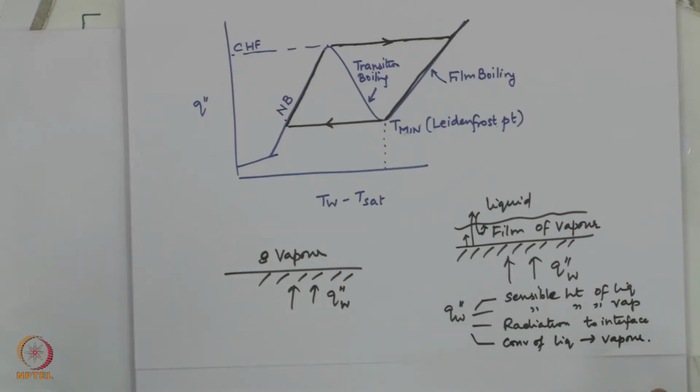It is a poor heat transfer mechanism, you do not like it, we should not have any device, any equipment work in film boiling mode, because your wall temperatures are going to remain high for an extended period of time. That is not good from the point of view of safety, and therefore, whenever you have film boiling, you would like to get it back to nucleate boiling as quickly as possible. Nevertheless, you might encounter situations where film boiling is there.